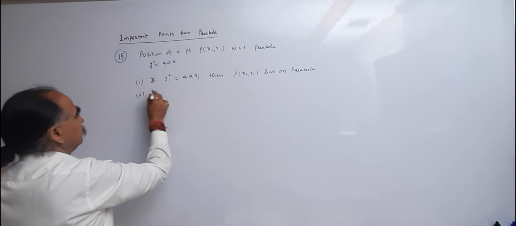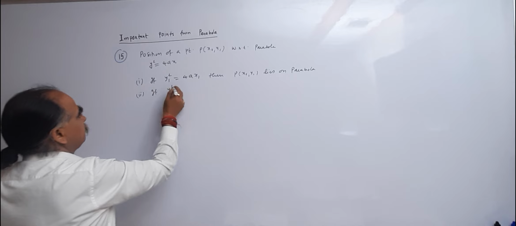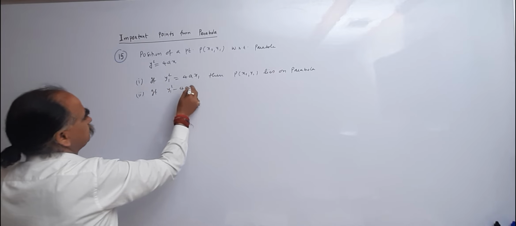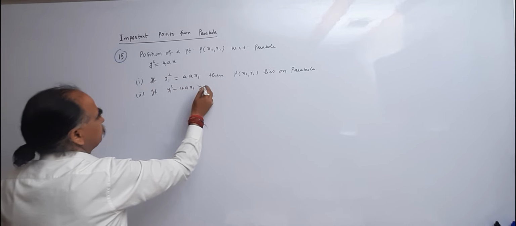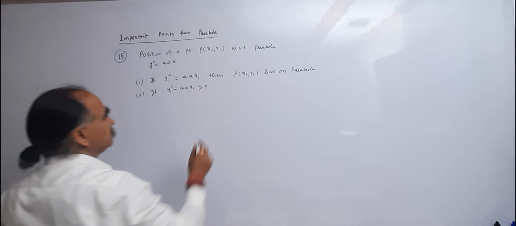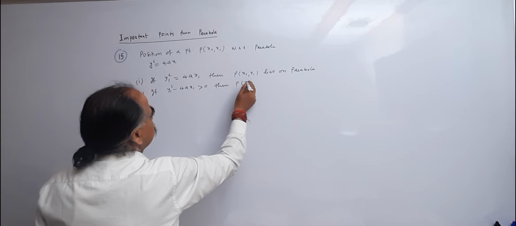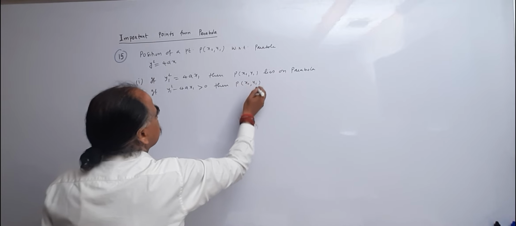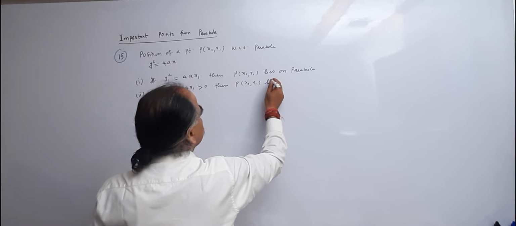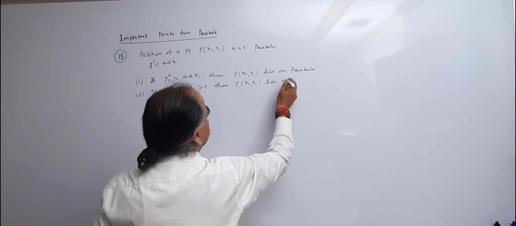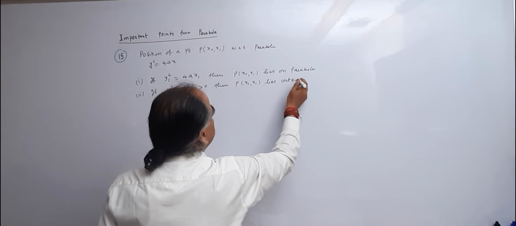If y1 square minus 4ax1 is greater than 0, then P(x1, y1) lies outside the parabola.